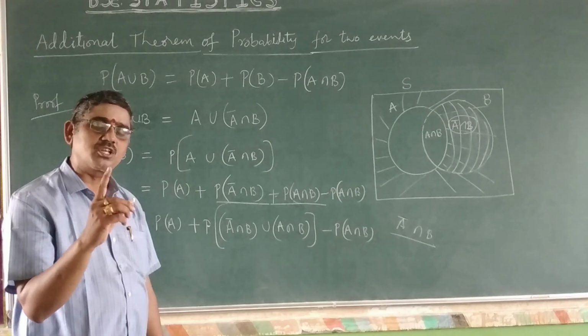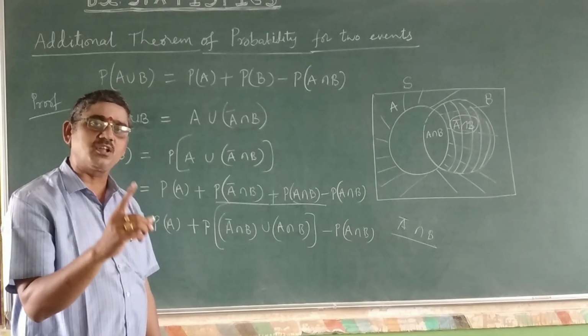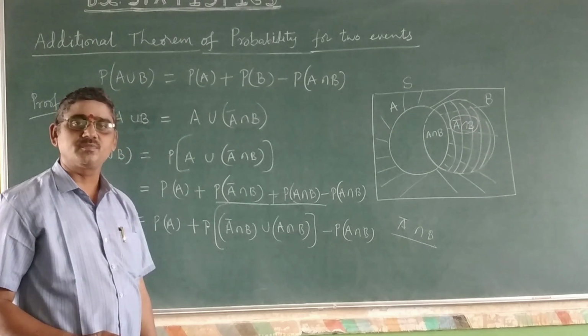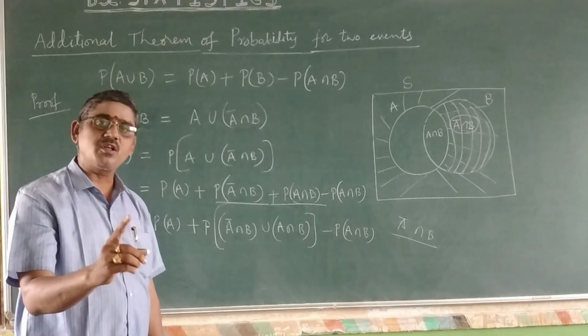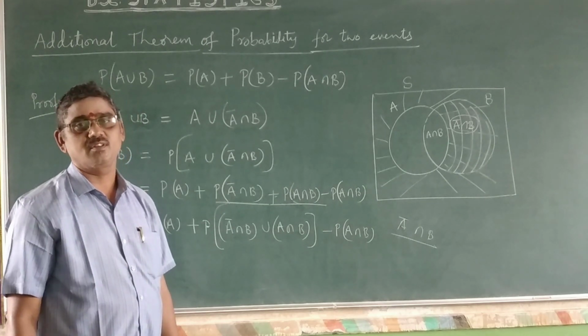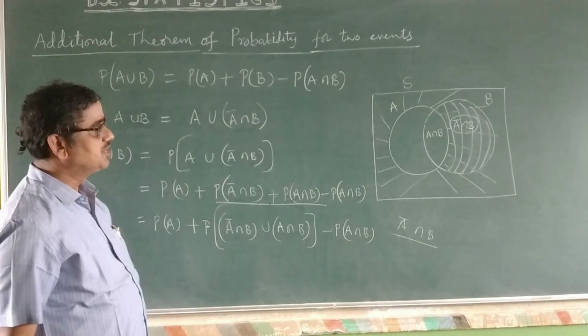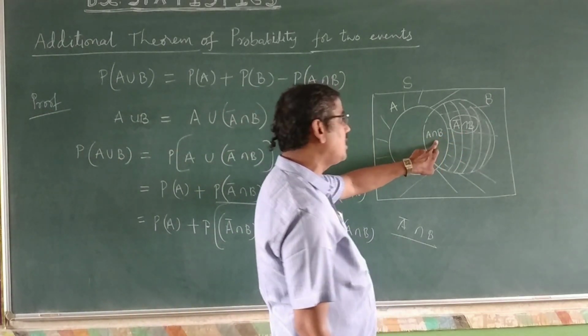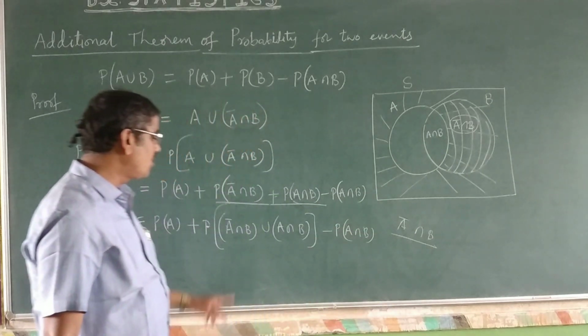Whenever A and B are disjoint events, probability of A union B can be expressed as probability of A plus probability of B. Similarly, probability of A plus probability of B can be expressed as probability of A union B whenever they are disjoint. Since A complement intersection B and A intersection B are disjoint, therefore we can write this.